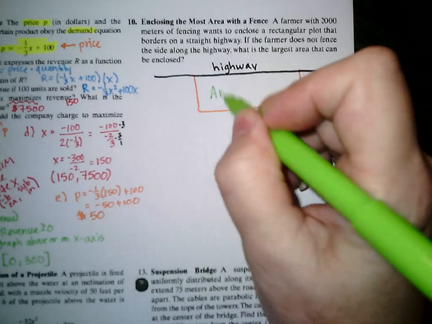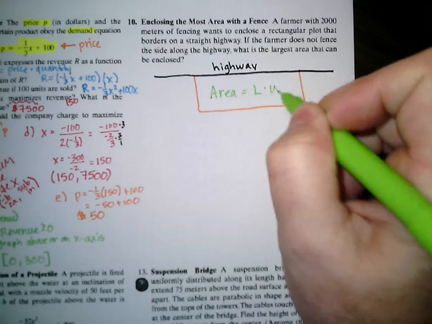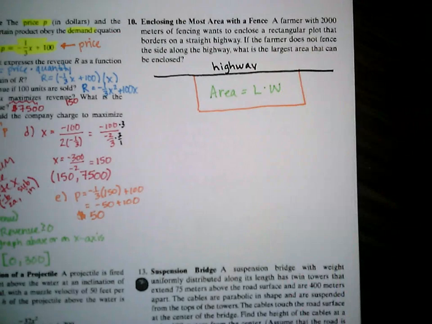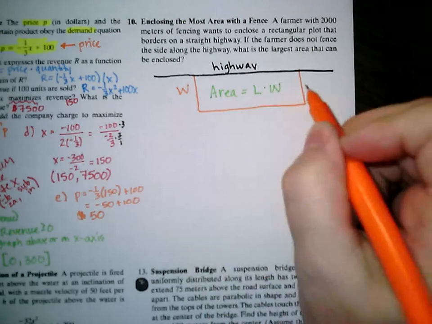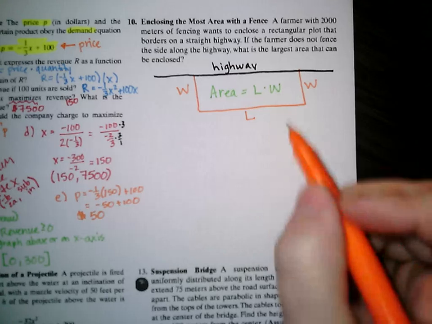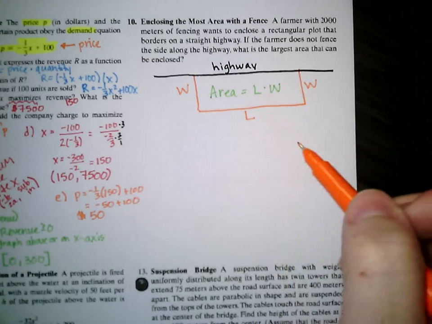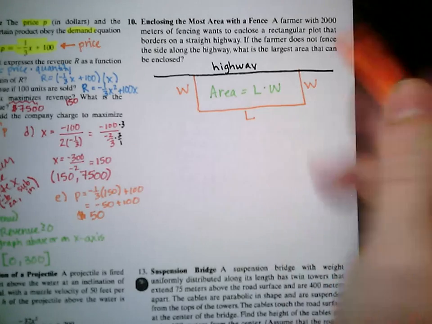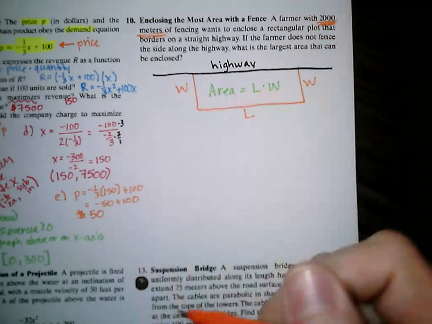So remember that area for a rectangle is going to be length times width, and I will label these width, width, length. So one key to setting up this problem is recognizing that we're not actually using the full perimeter of that rectangle to fence with the 2,000 meters.